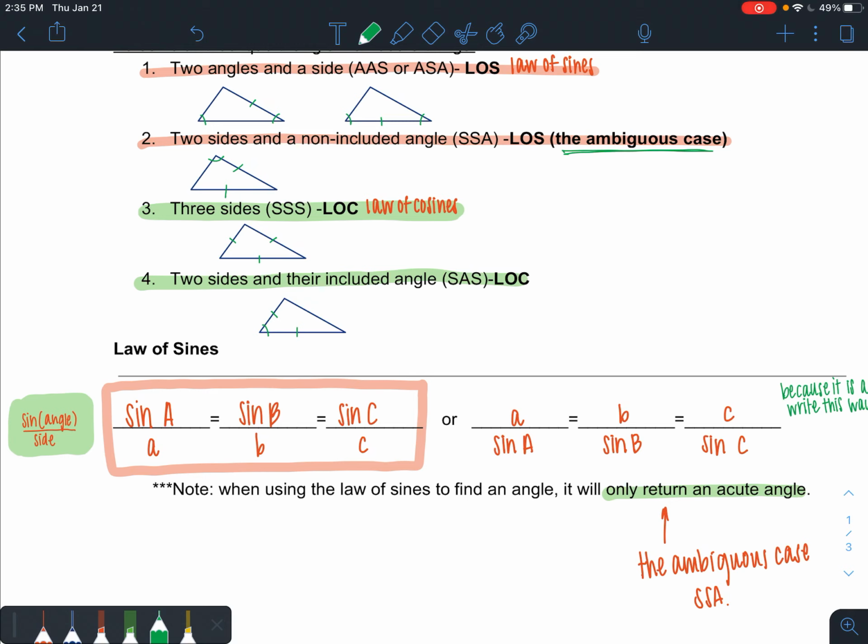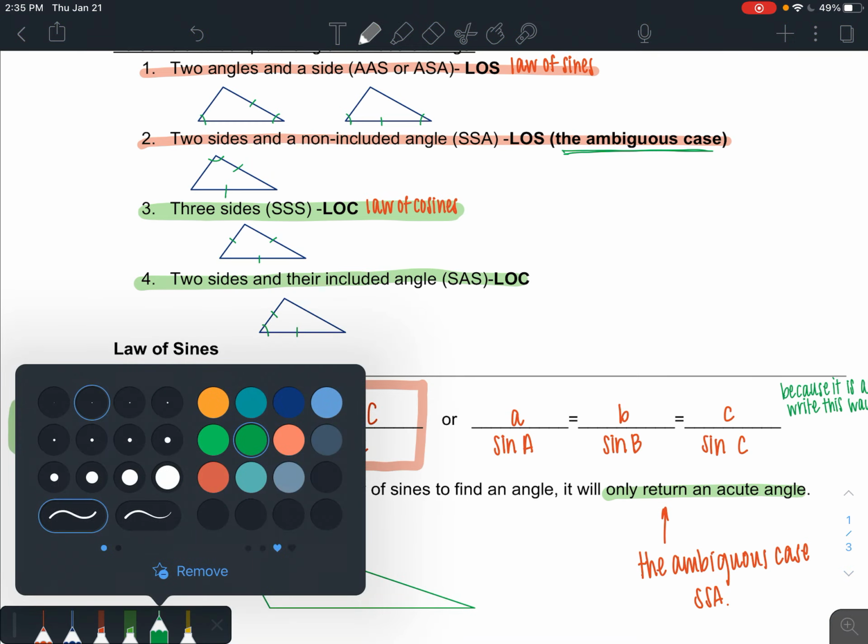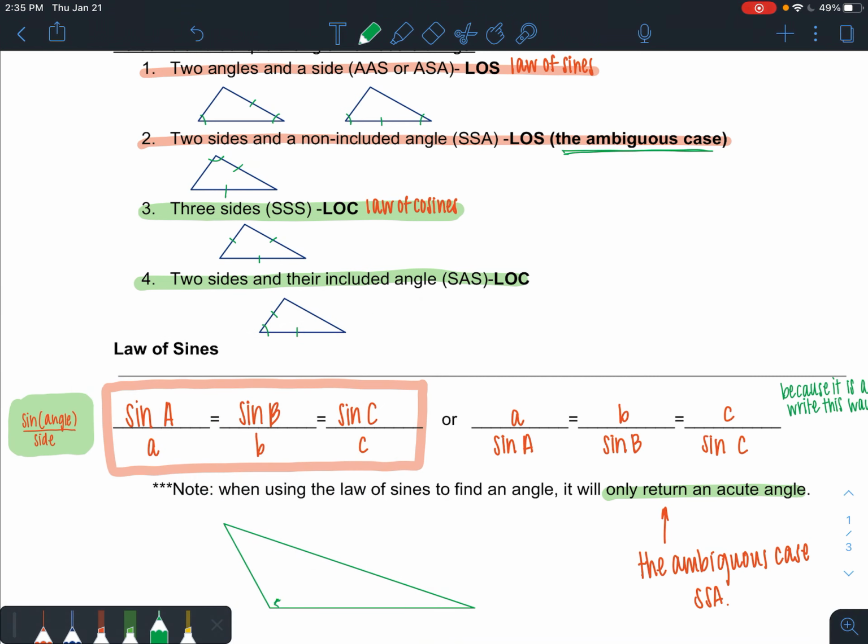But if you have a triangle, and this is clearly an obtuse angle, if you were looking for that angle, it would only give you an acute angle back. So that's what's called the ambiguous case, and that happens when we have side-side-angle. That's easy to remember because it spells a bad word backwards. So it makes a funny answer.